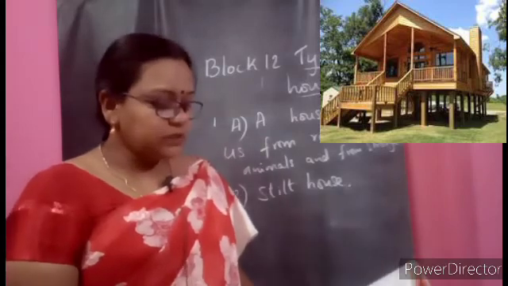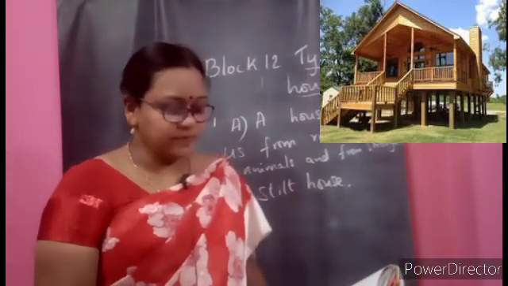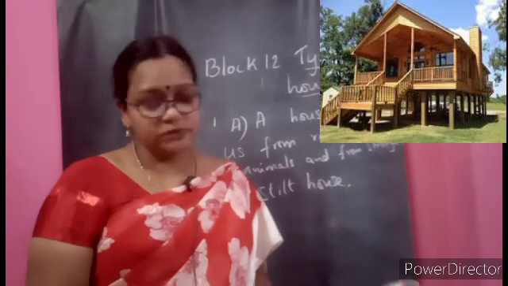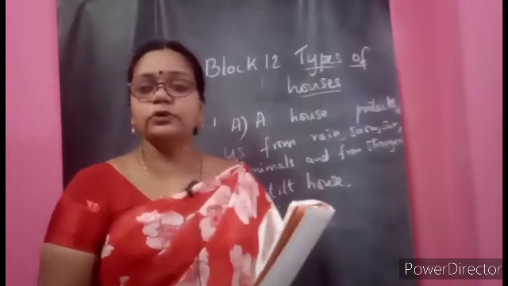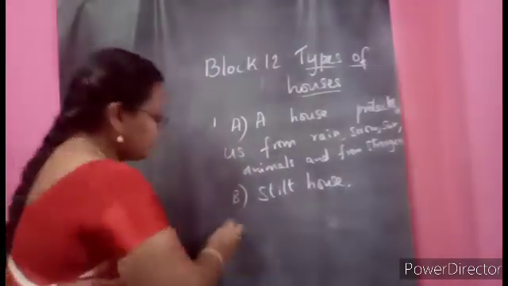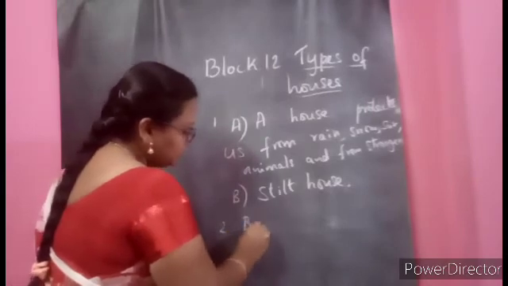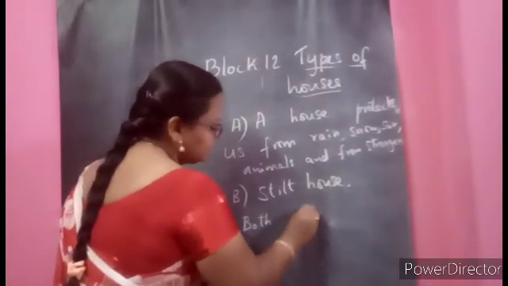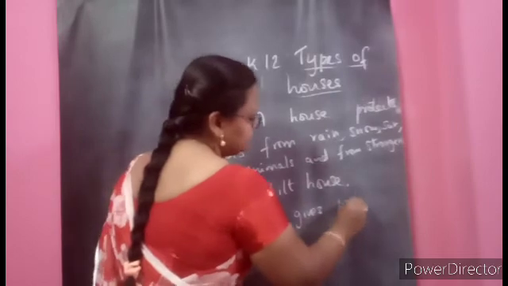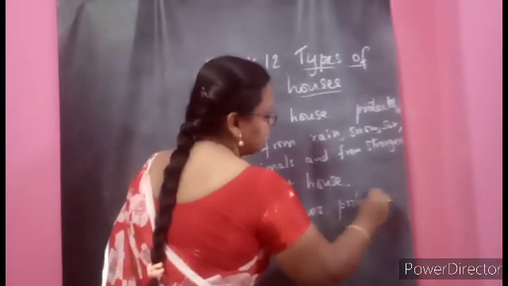Next, see the picture. A hut is small and a bungalow is big. How can both be houses? Are they both houses? Yes. Why are both houses? Because both give protection from what, children?